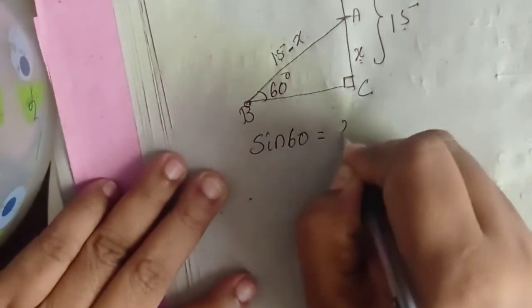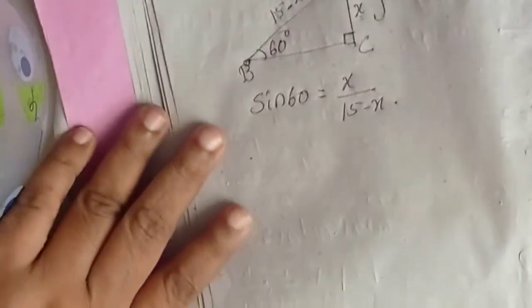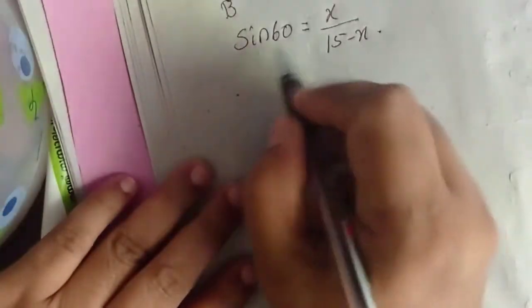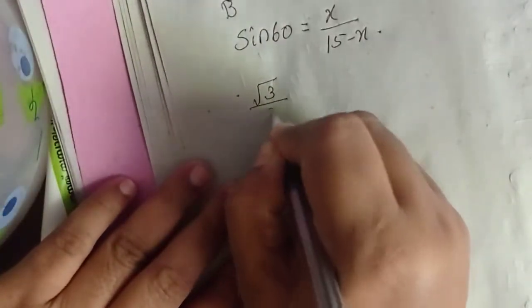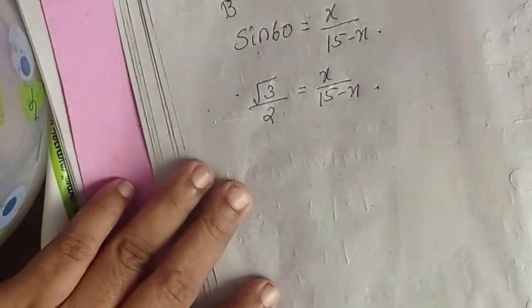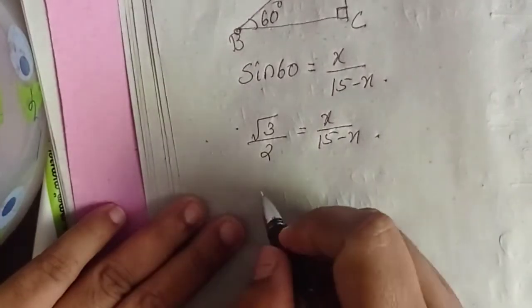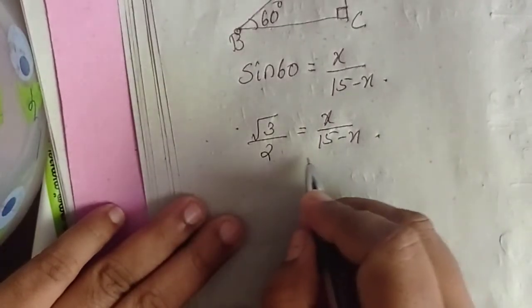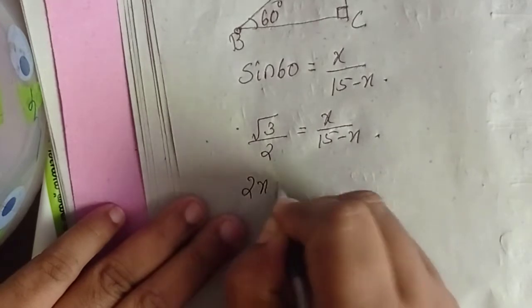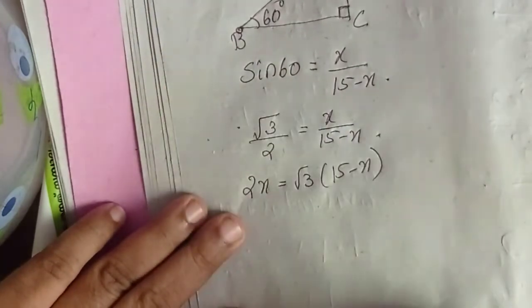Sine 60 is equal to X by 15 minus X. Then do the calculation. What is sine 60? That is root 3 by 2 equal to X by 15 minus X. Now, cross multiplication. 2x one side equal to root 3 into 15 minus X.